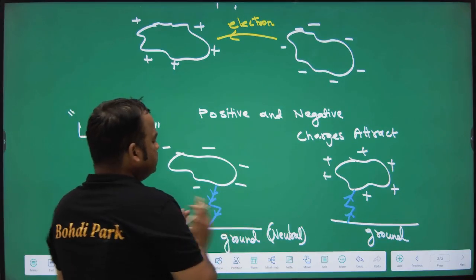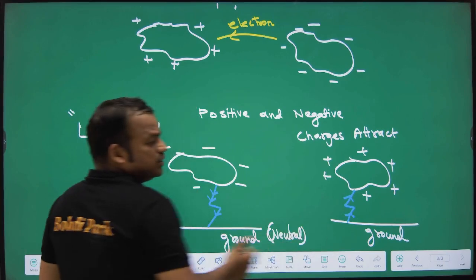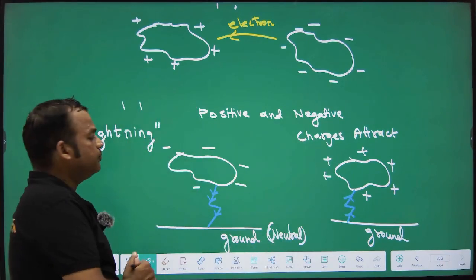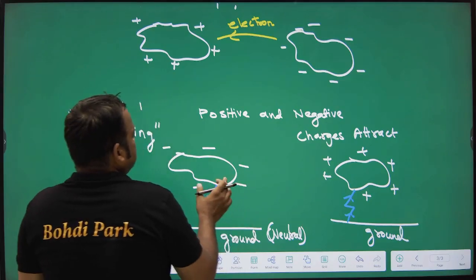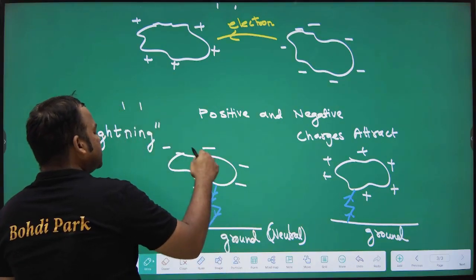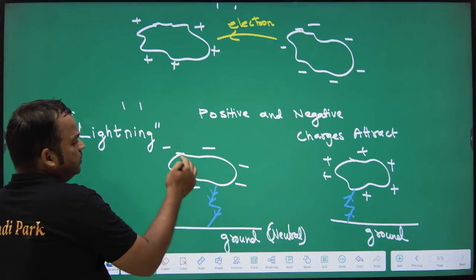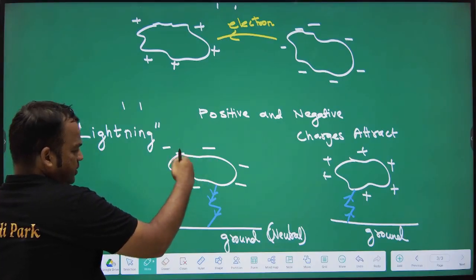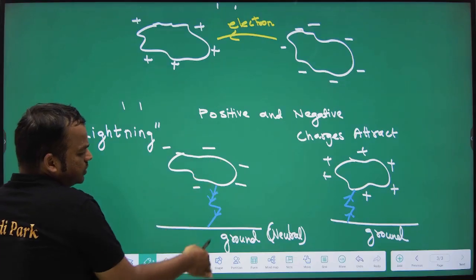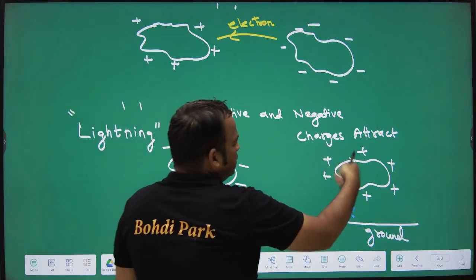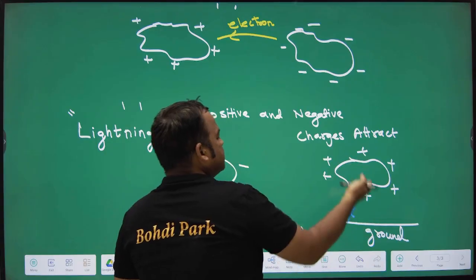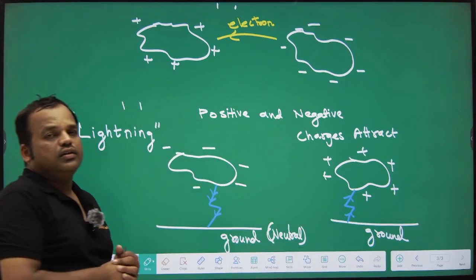And the earth is neutral, so charges can be given to the ground. For example, if a negative cloud is there, electrons will be transferred to the ground. If a positive cloud is there, electrons will be transferred from the ground to the cloud.